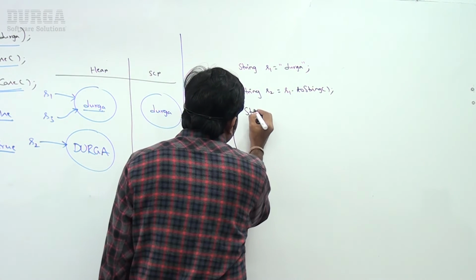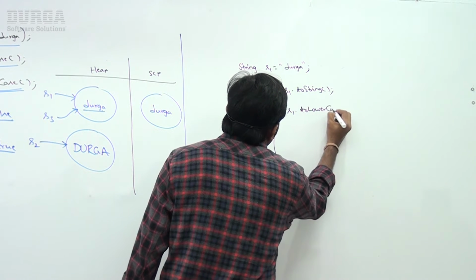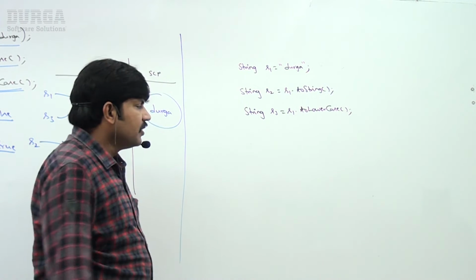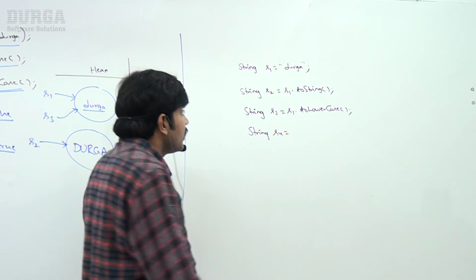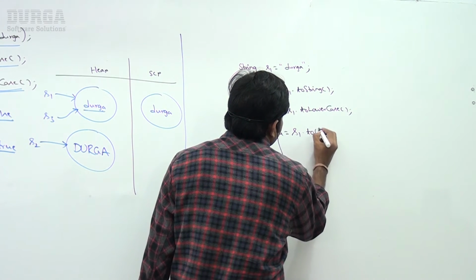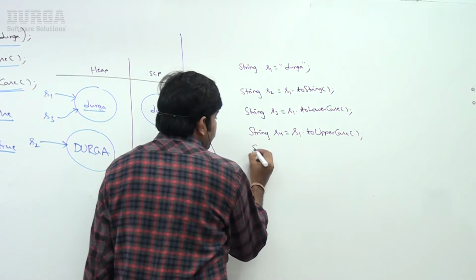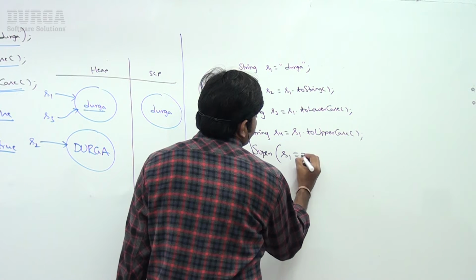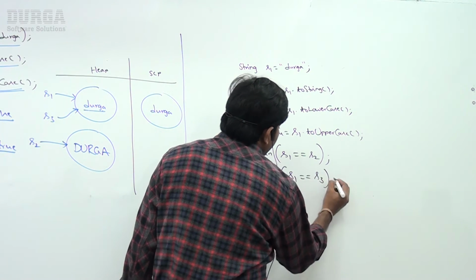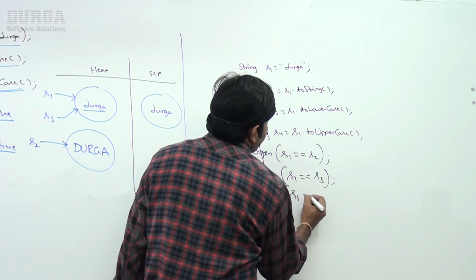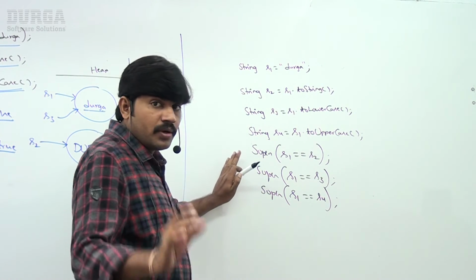String s3 = s1.toLowerCase(). String s4 = s1.toUpperCase(). Now System.out.println(s1 == s2, s1 == s3, s1 == s4). That's all. This is the code whatever we have.